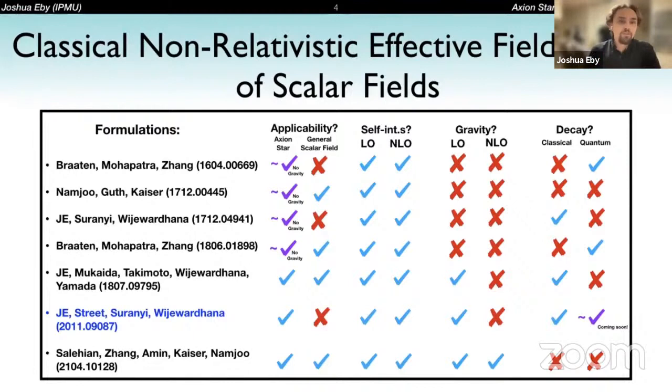So in any case, I will just flash this slide for you for your perusal later. But let me just point out that the work that I'm telling you about today is based on this paper from late 2020. And it's already not the cutting edge because there is a new paper out a couple of months ago that actually takes into account next to leading order corrections in GR. So that's kind of fun.